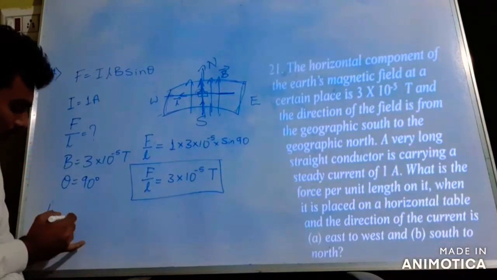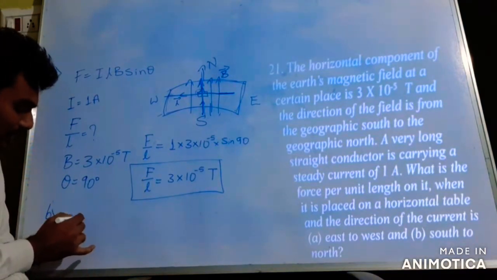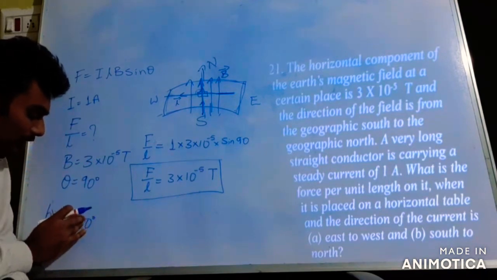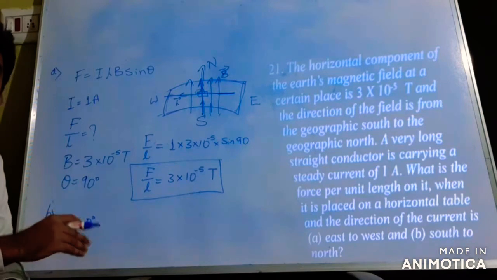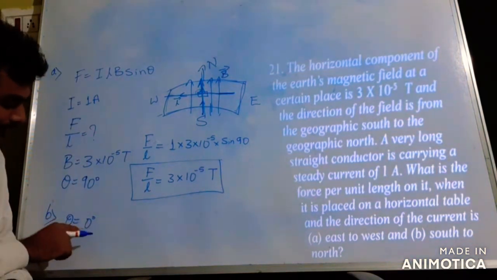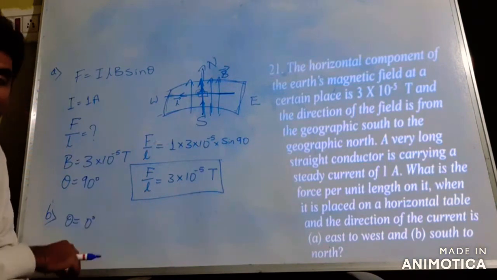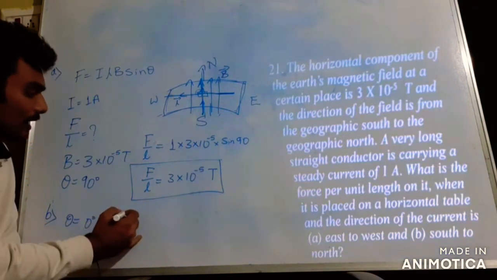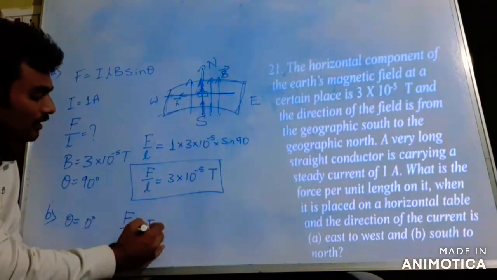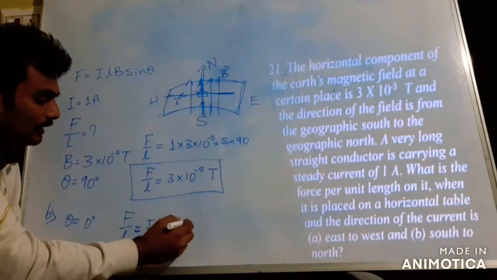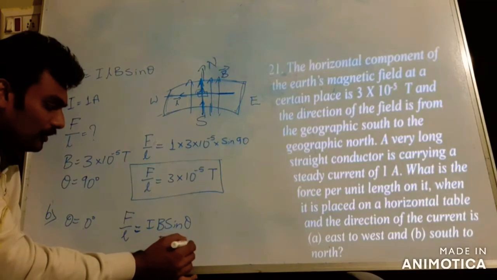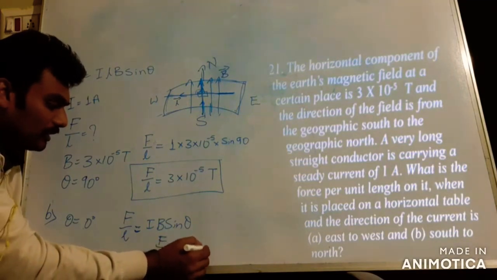For the second situation, theta is not 90 degrees, sorry, it is 0 degrees, and the rest of the terms are similar to the previous case. But this alone decides the force. So the force per unit length F by L is I B sine theta. Theta is 0 degrees, and hence F by L is equal to 0 Newton per meter.